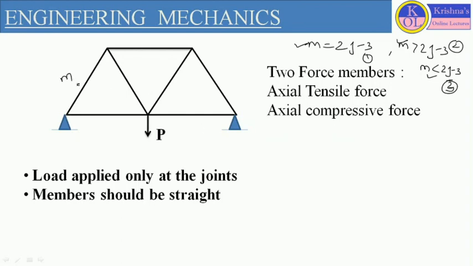We consider this truss as an assembly of members, and these members should be straight members, not curved or wavy. Each end of the member should be joined by different joining methods, so these particular ends are considered as joints.